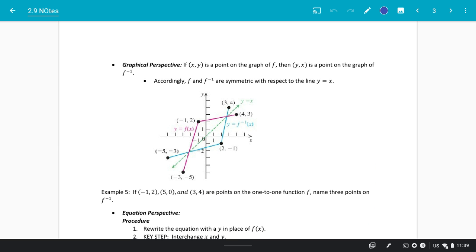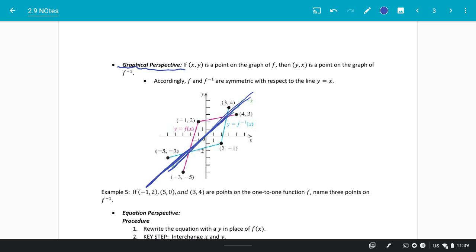Now, there's another kind of way to think about inverses, and that's graphically, okay? And from a graphical standpoint, inverse operations are reflections of each other. They're what? Reflections of each other across this line.